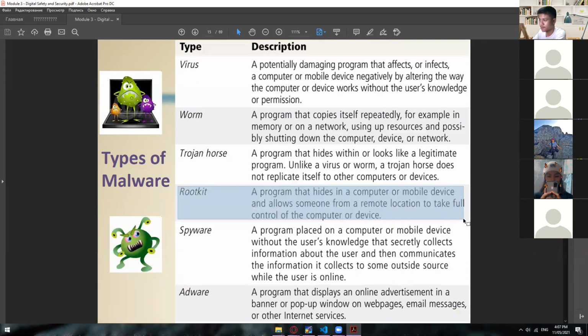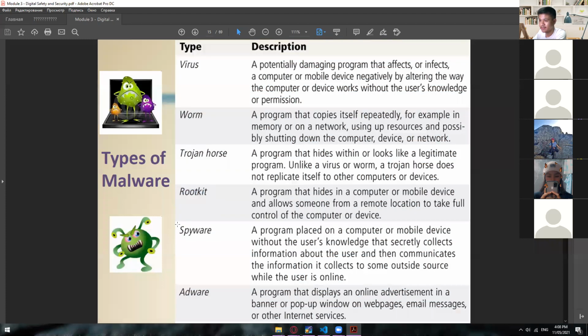The main reason they do this is that they want to gain access and gain information, and if they learn that you're actually a rich person, this might lead to cyber extortion. All right, that's it for the rootkit.